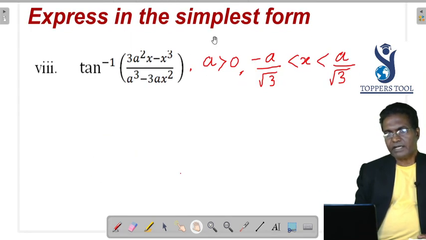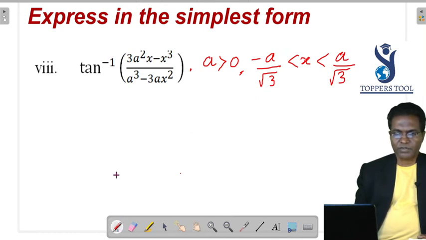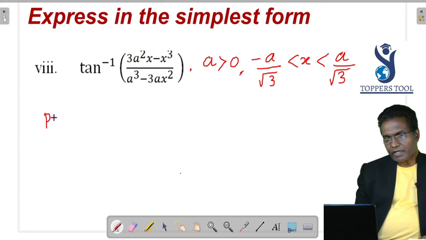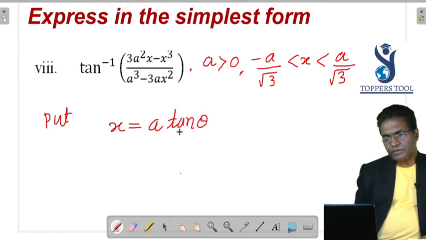This one, express in the simplest form. Okay. Now you must know the identity for tan 3 theta. Okay, it's based on that. Put x equals a tan theta. Why? Because you will come to know now. Put x equals a tan theta.